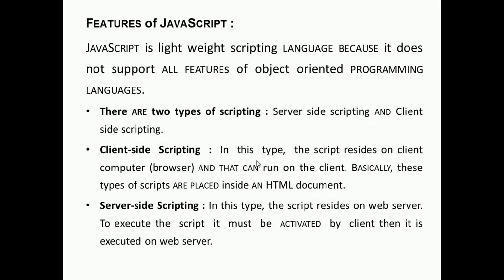In this type, the script resides on the web server. Whatever script you have written resides on the web server. To execute the script, it must be activated by the client, and then it is executed on the web server. First the client activates this and then the server executes it for the client. So these are the features.